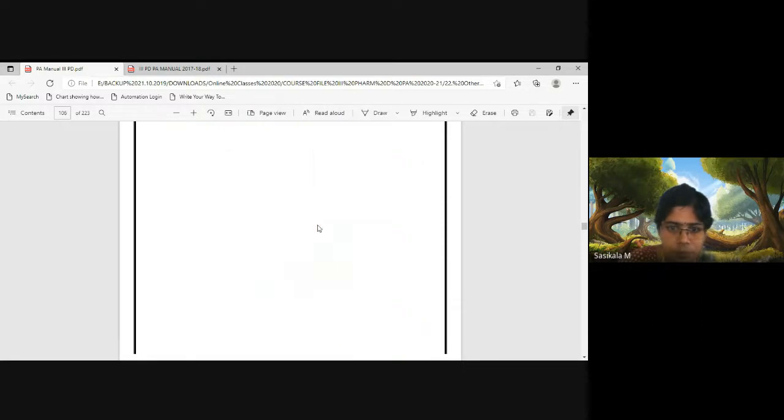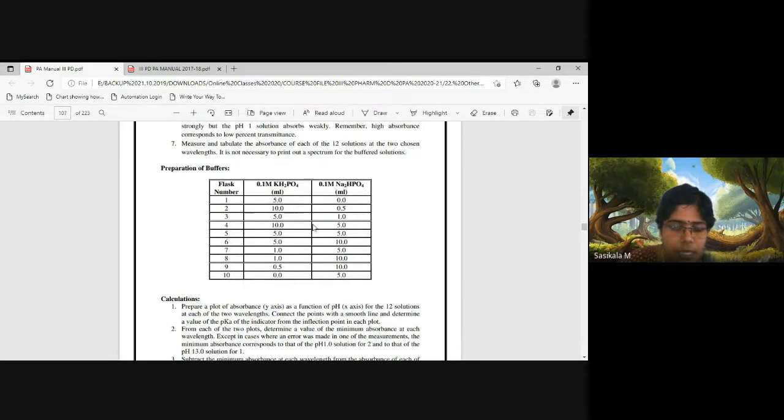Okay. So you will be preparing the solutions with bromothymol blue, a 0.1% solution we have prepared with 20% ethanol. To that solution, we will be adding different buffers in order to get from pH 1 to 13.